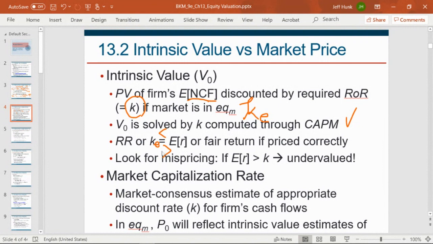If expected return is greater, then it's undervalued. Stock is undervalued. If the expected return is less than the required return or cost of equity, then it's overvalued, and so on, right? So the point is, we need to look for mispricing, right?